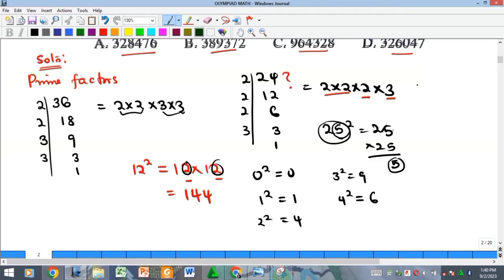For instance, if I want to square 24 now, that's going to be 24 multiplied by 24. So I'm going to have 4 times 4, which will give me 16. And I will write 6, carry 1. So are you getting the point now? For every number that you take the square of, if 4 is the last digit, then the last digit of that square will definitely be 6.